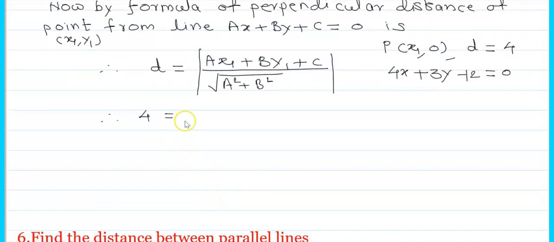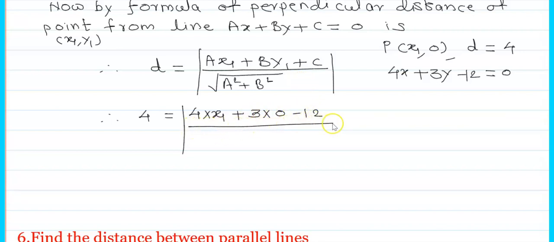Therefore, in mod, that is 4 into x1 plus 3 into the value of y, which is 0, and c is minus 12, upon the square root of 4 square plus 3 square.